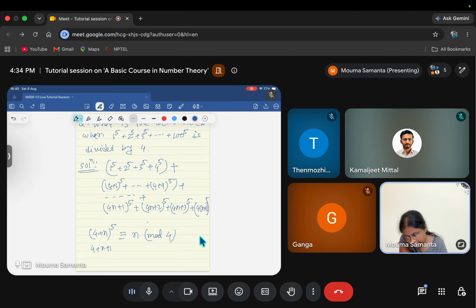This is the nth row, up to 100 power 5. There will be some rows here, it will be 96.